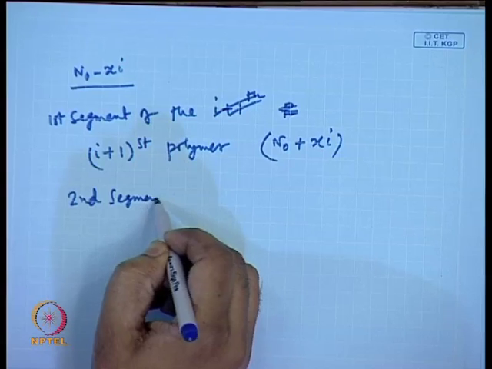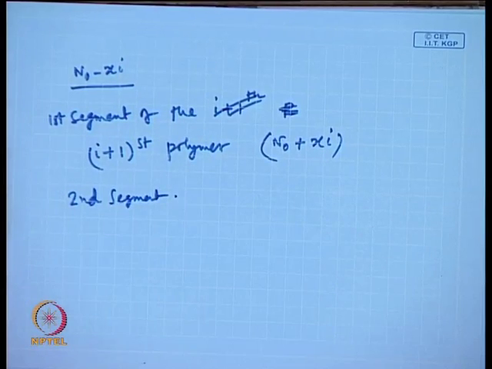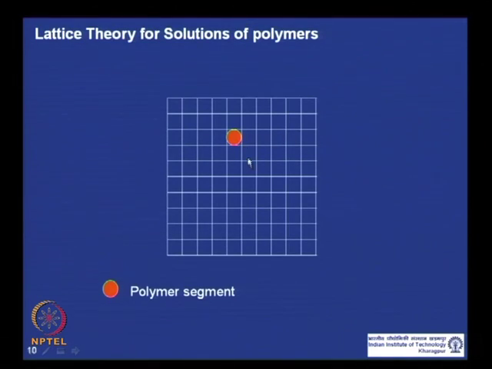What about the second segment? If I want to add another segment, not molecule, where does it have to stay? Unlike small molecules, where the molecules are apart from each other, for polymers the segments have to be tied up because the segments are joined to each other. So, they can be placed in any of the first neighbor cells.